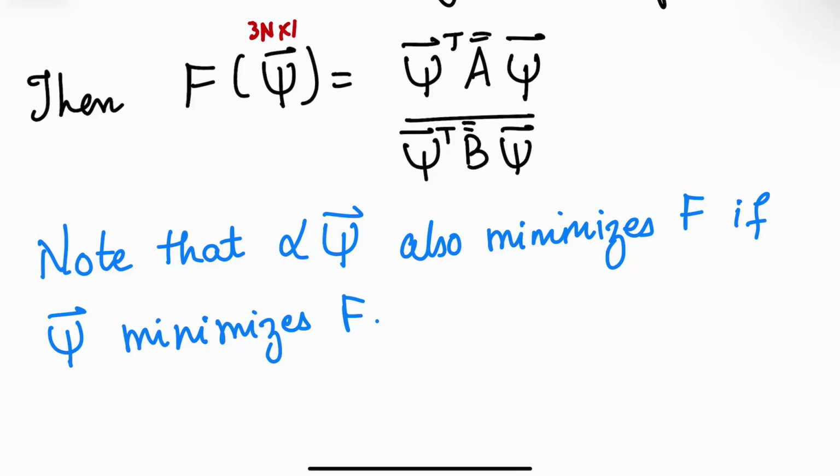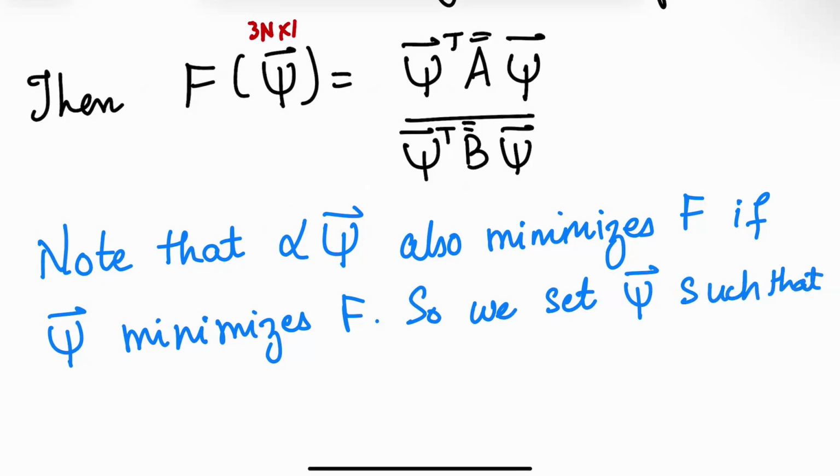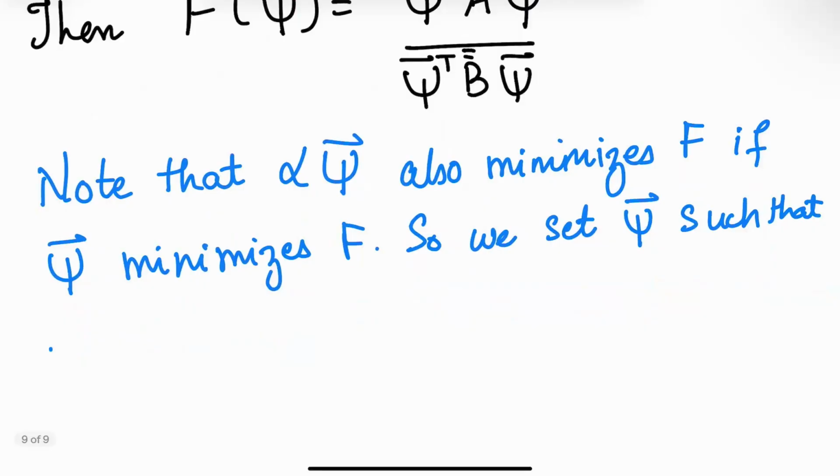And because of this freedom, what you can do is set psi such that the denominator psi transpose B psi is equal to 1. Okay, so we can normalize it.